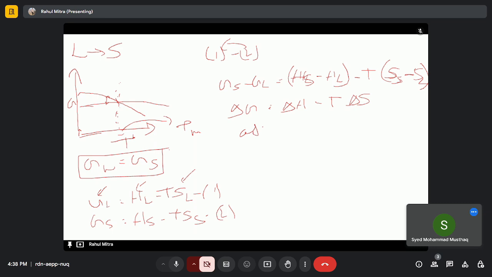At T equals Tm, we have GS equals GL, so delta G will turn out to be 0.